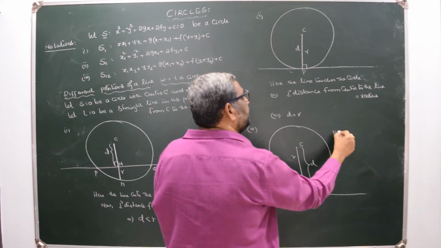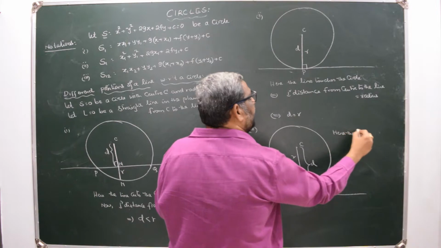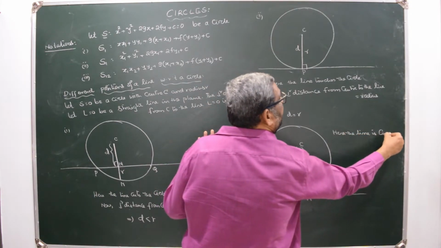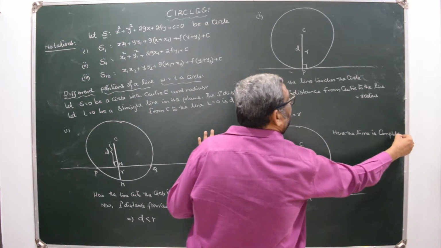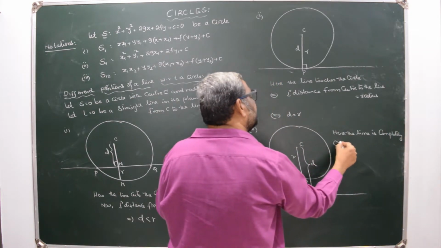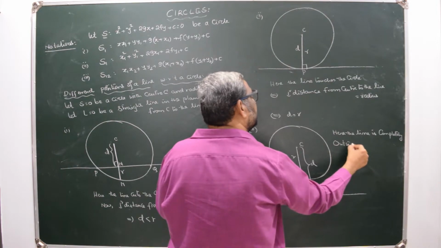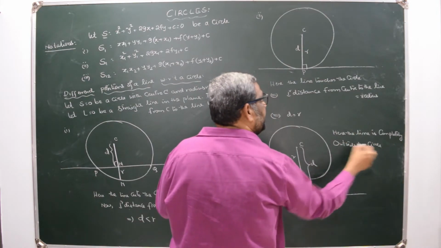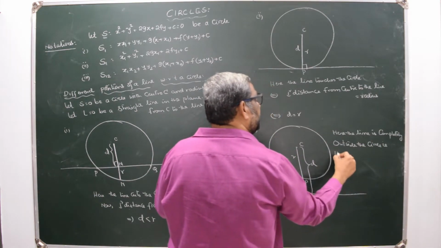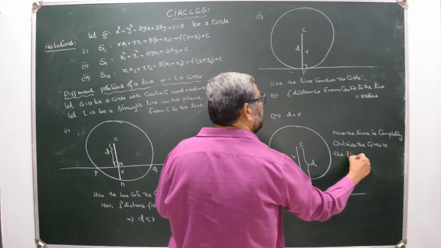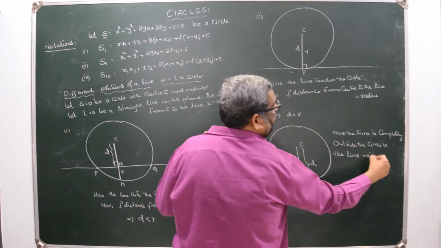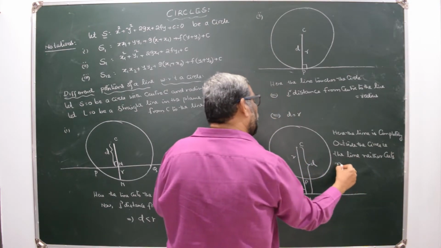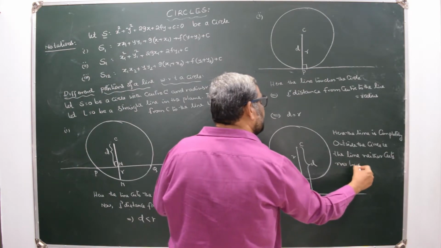Here the line is completely outside the circle. That is, the line neither cuts nor touches the circle.